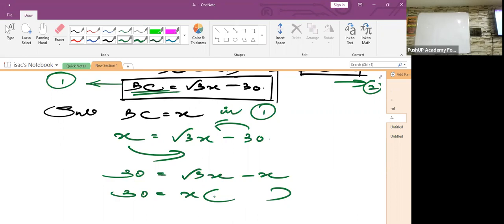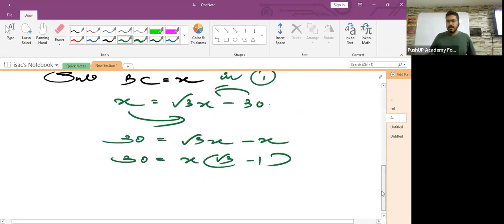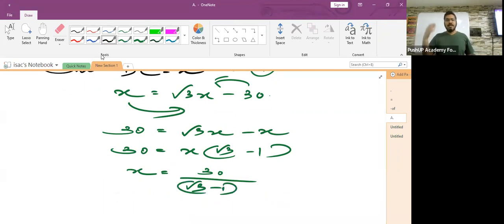So, root 3 minus 1. Now, children, you had to get the value of x. So it becomes 30 divided by root 3 minus 1. I hope you all know how I did this. Cross multiplication: root 3 minus 1 is getting cross multiplied from the right side to the left hand side. So it goes to the denominator.